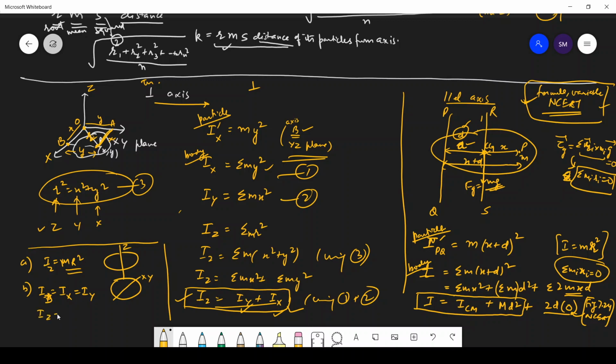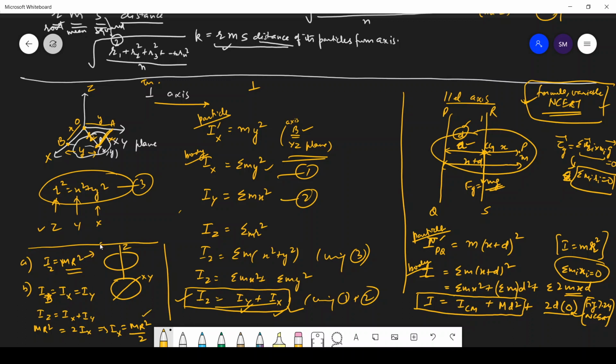So Iz is equal to Ix plus Iy, right? This you know is mr square, and these two are the same, so that is twice of Ix, and along the diameter, that Ix is equal to mr square by 2. So you have derived the formula, you need not derive it.